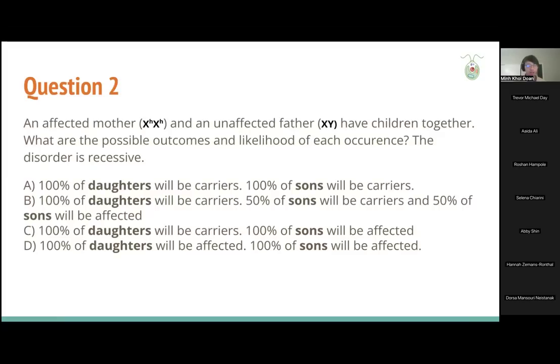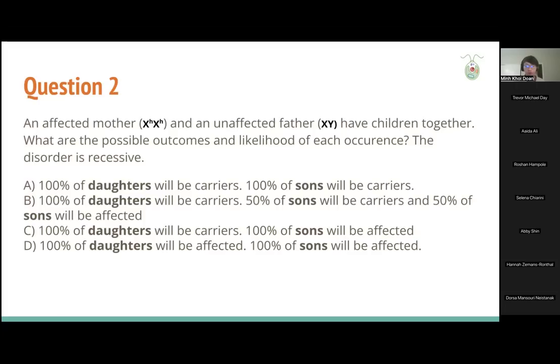This is because the affected mother has both copies of the affected allele, and we know that the disorder is recessive. This means that all of the offspring will receive an affected allele. However, what's important is that because daughters have two X chromosomes, each daughter will only have one affected chromosome and one normal chromosome from the father.